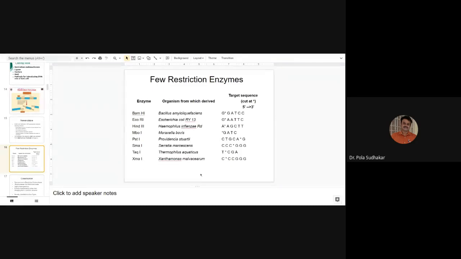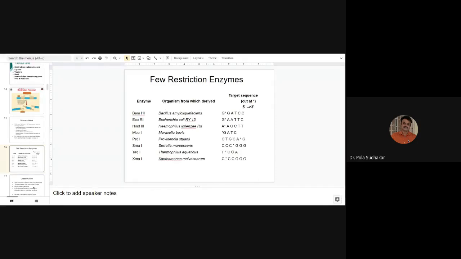These are some of the restriction enzymes we are now using for genetic engineering and rDNA purposes. Here you can see BamHI isolated from Bacillus amyloliquefaciens, and EcoRI isolated from Escherichia coli RY13. Like that, HindIII from Haemophilus influenzae, and like that MboI and the others. SmaI from Serratia marcescens. So these are some of the restriction endonucleases.